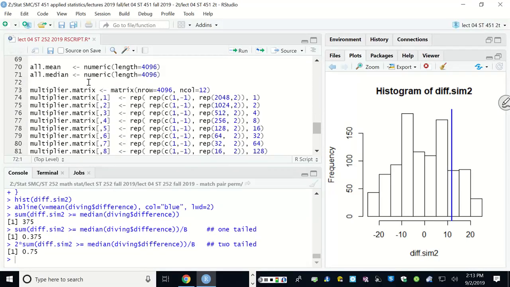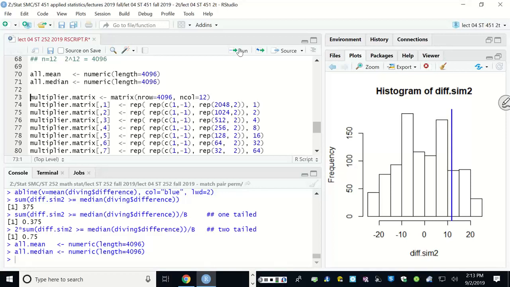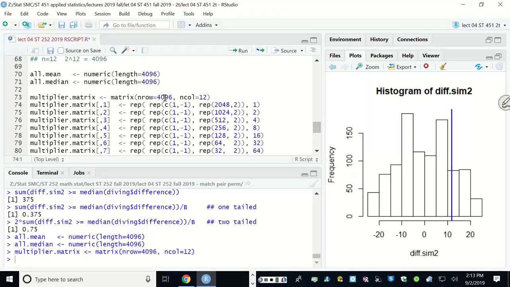So I just set up a multiplier matrix. I'm going to take all the median values and set up this multiplier matrix. It's 4,096 rows. And this complicated stuff down here is trying to be an efficient way to get all possible strings of 1s and negative 1s. This rep is something called repetition, so it repeats something.